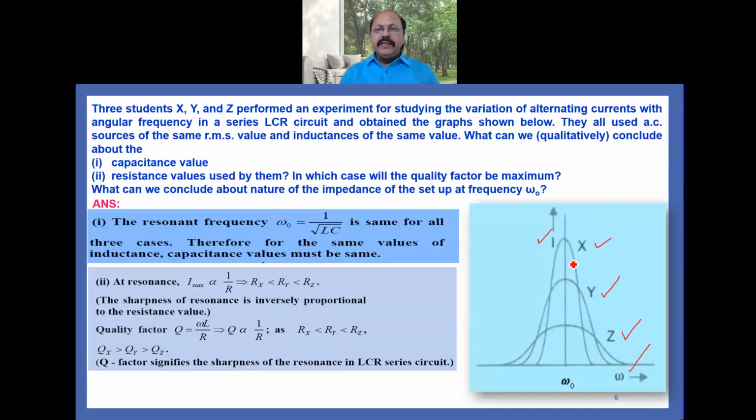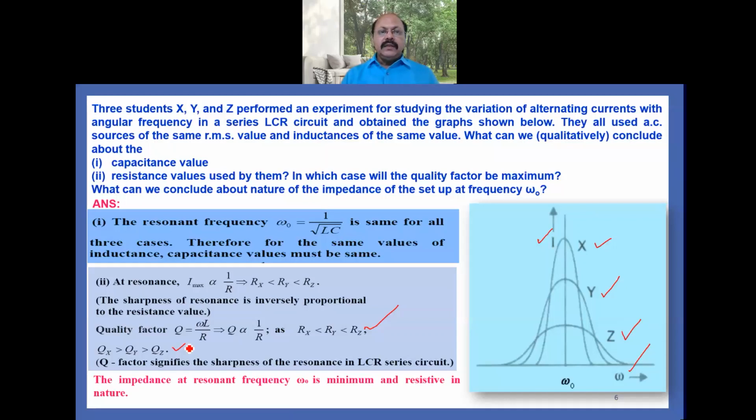But quality factor Q is inversely proportional to R, as you have just studied, Q equal to omega L upon R. So Q is inversely proportional to R, as Rx less than Ry less than Rz. Therefore, the quality factor Qx greater than Qy greater than Qz. So quality factor signifies the sharpness of the resonance in an LCR series circuit.